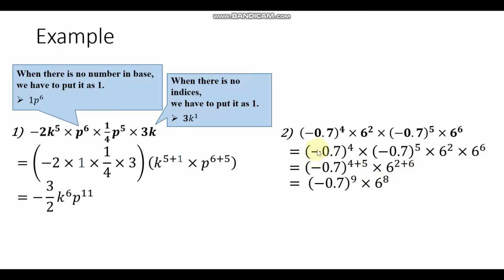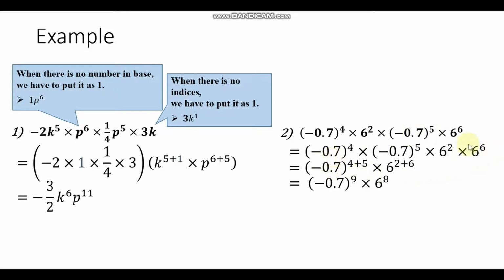For the first one, negative 0.7 to the power of 4 times negative 0.7 to the power of 5, we group them together. And then the next one is the base of 6. We have 6 to the power of 2 times 6 to the power of 6.